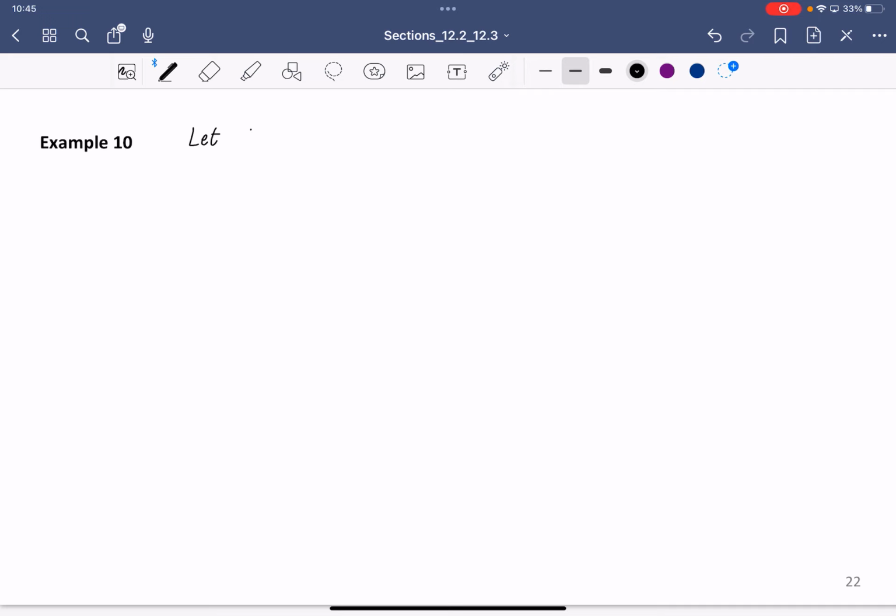So let f(x,y) equal xy times the square root of y plus x cubed, over x squared plus 2y squared. I just copied this from Thai class.